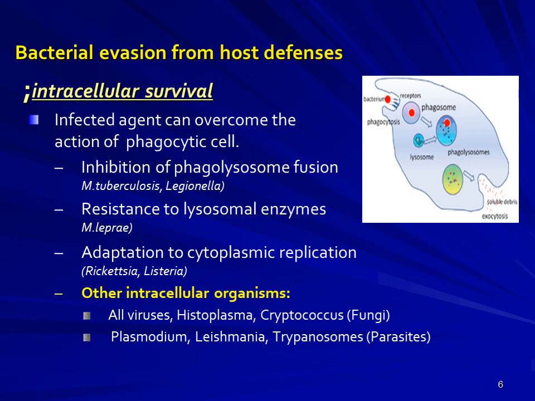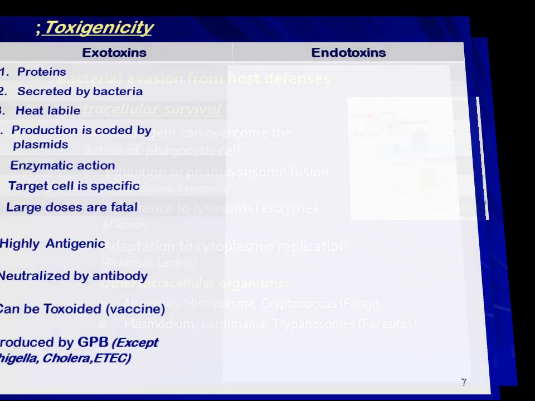And other intracellular organisms like all viruses, Histoplasma and Cryptococcus, which are fungi, and Plasmodium, Leishmania, and trypanosomes, which are parasites, are all intracellular organisms which can evade the first defense mechanism of the host, that is phagocytosis, and give the way for the microorganisms to multiply and produce the disease.